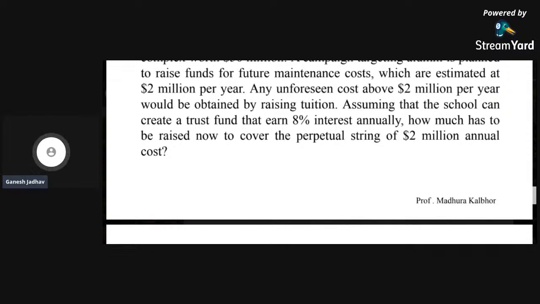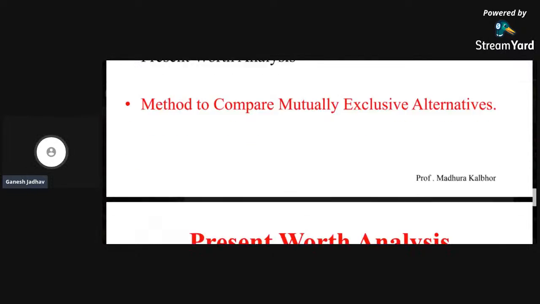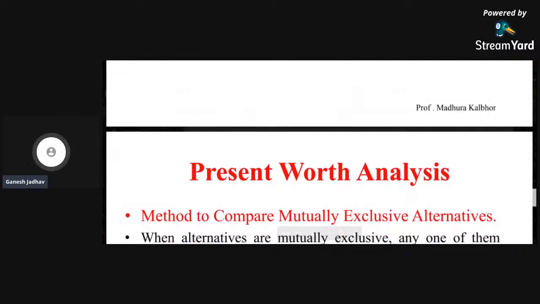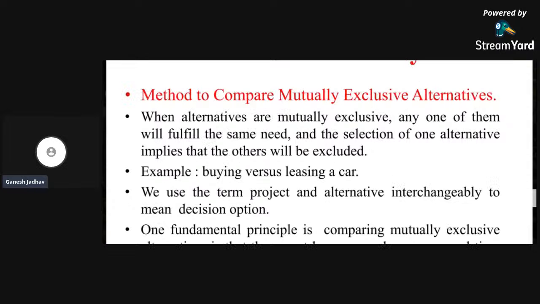Then another one is the method to compare mutually exclusive alternatives. So what is mutually exclusive? When the alternatives are mutually exclusive, any one of them will fulfill the same need, and the selection of one alternative implies that the others will not be executed.